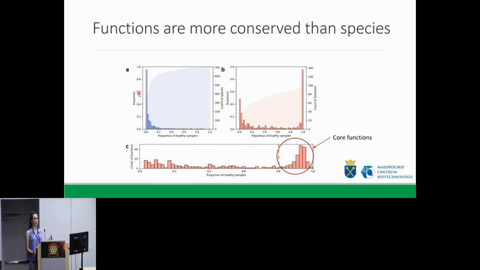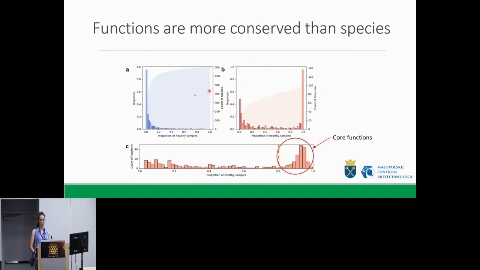So if you're trying to find species that would be universally beneficial and present in all of us, you just can't do it because we do not share the same species. But if you look at the functions, of course, there are many functions that are present in just a small subset of us, but the majority of functions will be highly prevalent. And therefore, why not base an index on those functions in order to develop a better index?